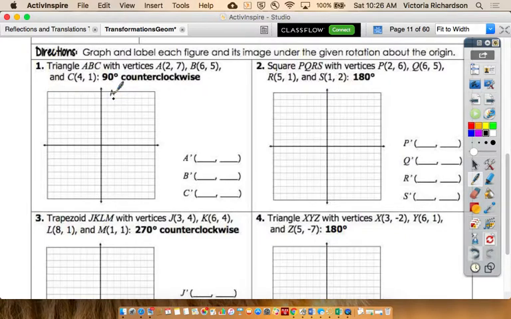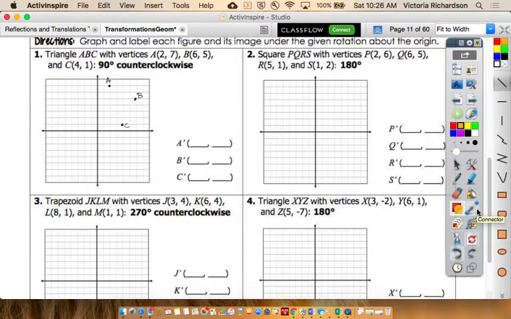This is A. 6, 5: 1, 2, 3, 4, 5, 6, 1, 2, 3, 4, 5. That's B. And C is 4, 1: 1, 2, 3, 4, up 1, and that is C. Now we connect.